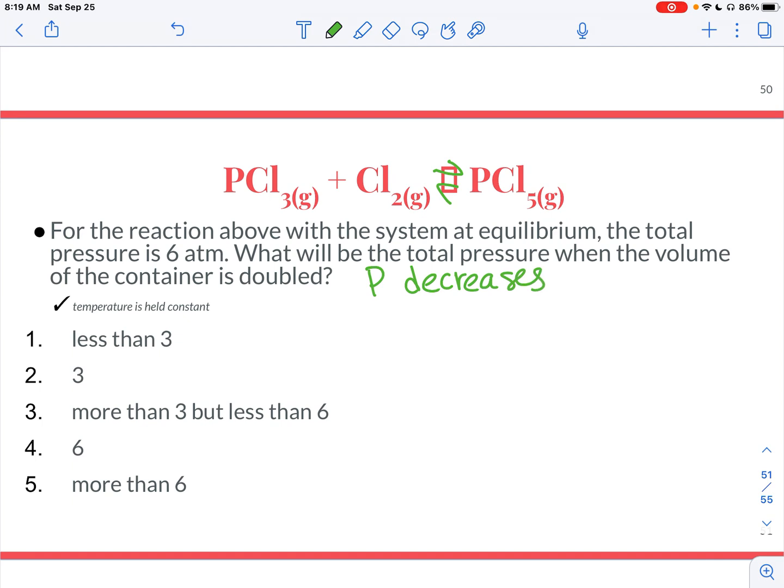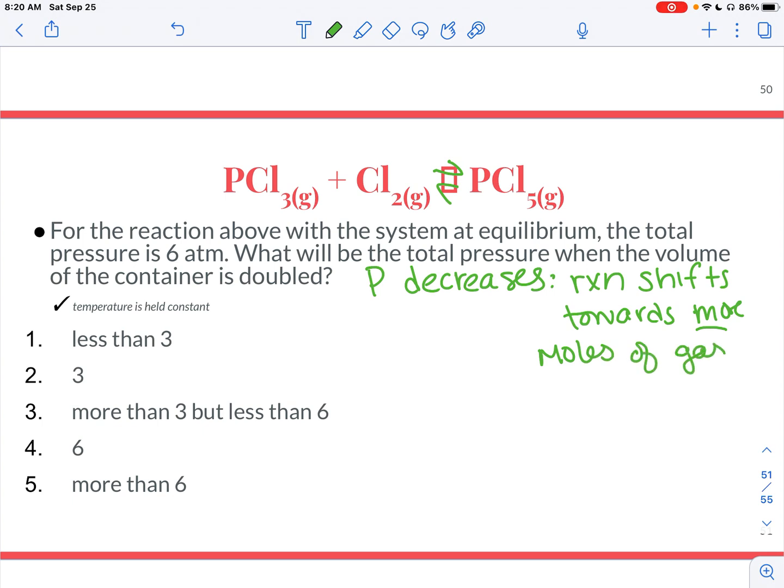When the pressure decreases, the equilibrium or reaction shifts towards more moles of gas. Okay, and it tries to get it back up to 6.